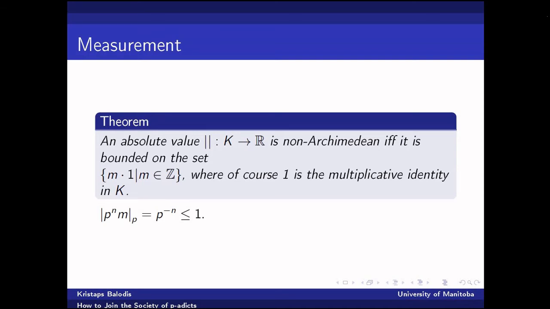So if we think about the p-adic norm that we defined for prime numbers, and we take the largest factorization of p out of some integer, so it becomes p to the n times m, then the p-adic evaluation of that is p to the minus n, and that's strictly less than 1. So certainly for any integer multiple of the identity in the rational numbers, this property is true, and we see that, yes, these p-adic norms are in fact non-Archimedean.